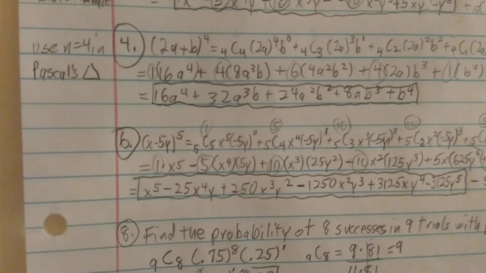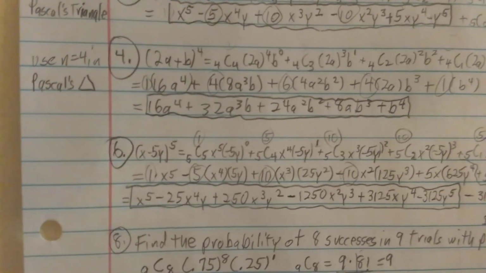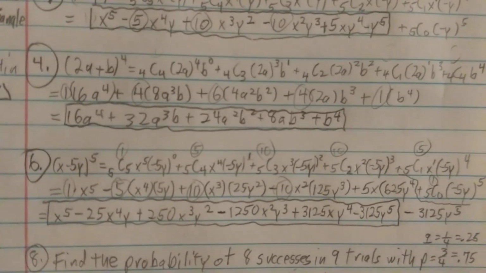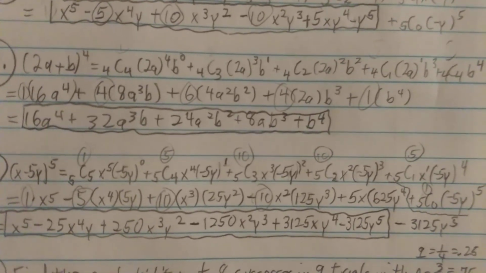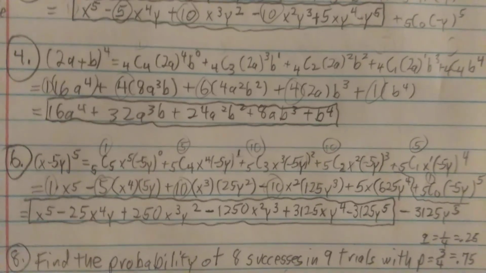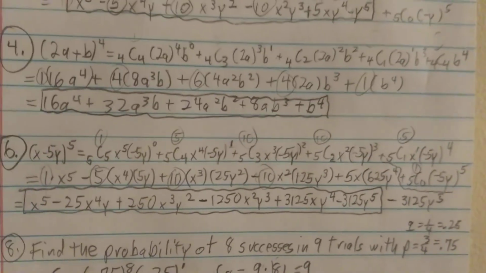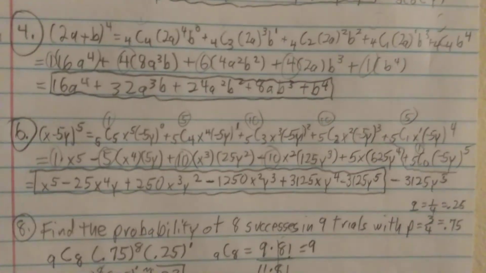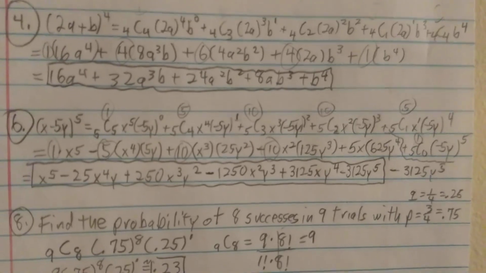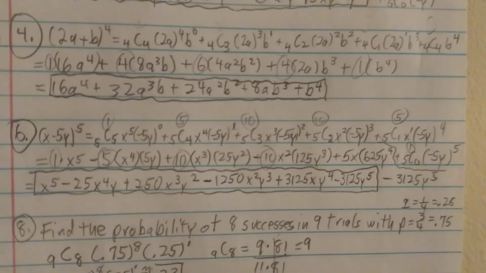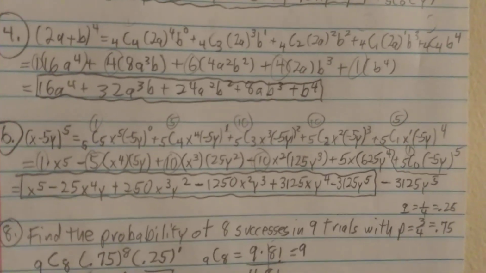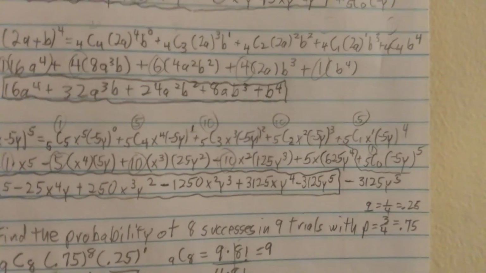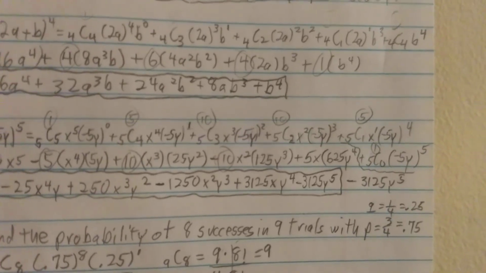Now in problem 4, we won't have many more of these, so just hang on. We're going to use Pascal's triangle n equals 4 to evaluate (2a plus b) to the fourth. Now remember, the first thing that we put the power to is 2a. The second thing that we put the power to is b. So remember, it's 1, 4, 6, 4, 1, which I have circled on the line below. So it's 1 and then 2a to the fourth power, which is 16a to the fourth, plus 4C3, 4, 2a to the third power, which is 8a to the third.